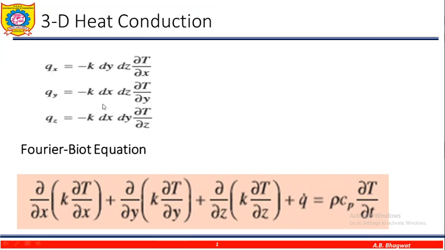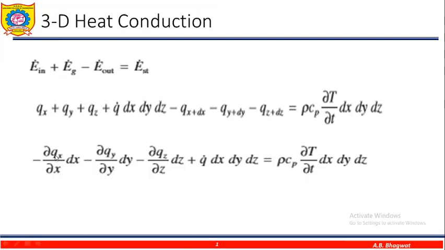This is Qy, minus K Ay del T by del y, and minus K Az into del T by del z. So this is the equation which deals with the very generalized form of heat conduction, whether it is heat generation, whether it is transient or steady state. This is a very generalized equation. It is called the Fourier-Biot equation.